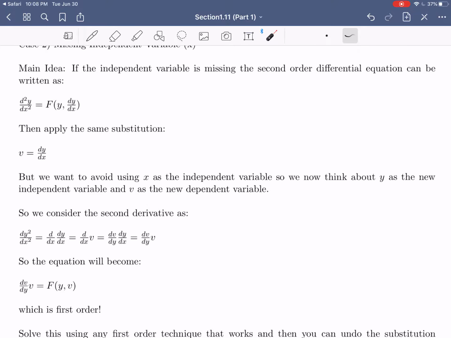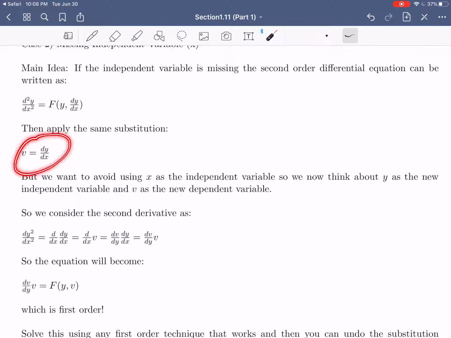So our trick is going to be to still use the same substitution, v equals dy/dx. But when we consider the second derivative, we're going to think about it as the derivative with respect to x of the first derivative. We're going to think about the first derivative as equal to v, same as before. But then when we apply the derivative with respect to x of v, this is the key moment.